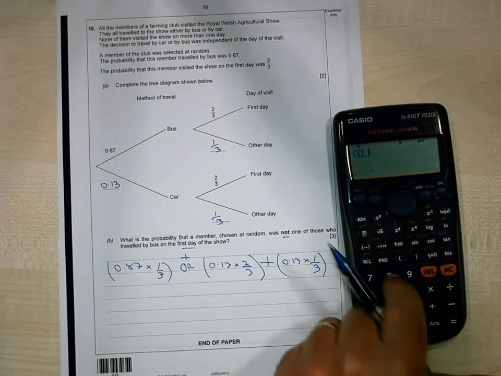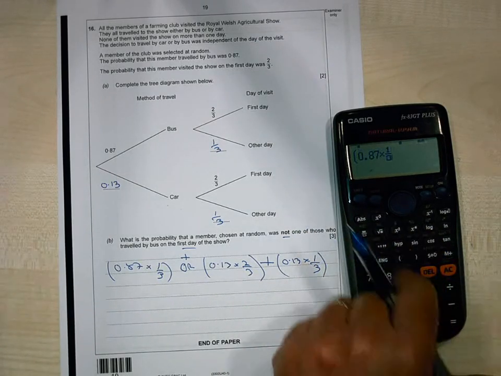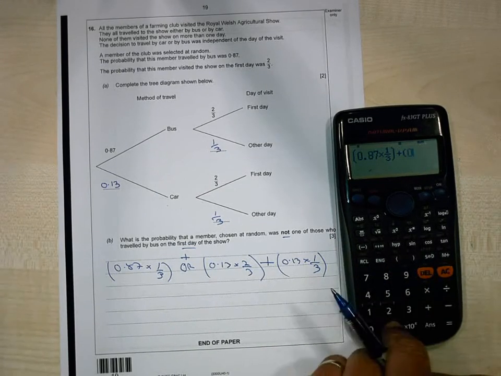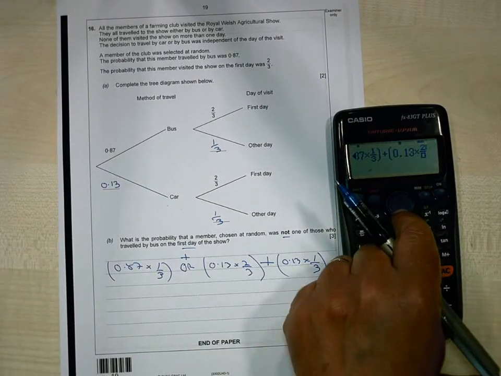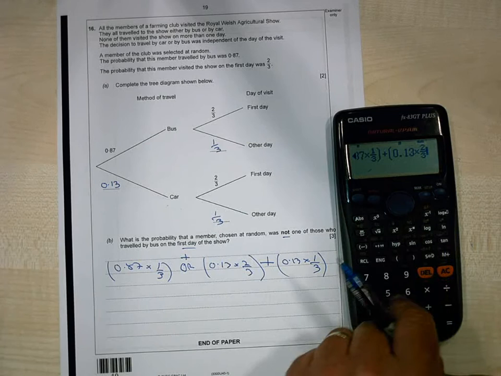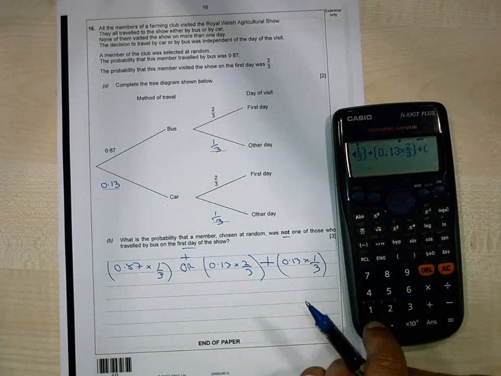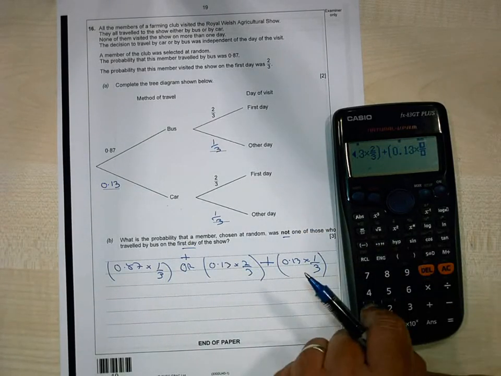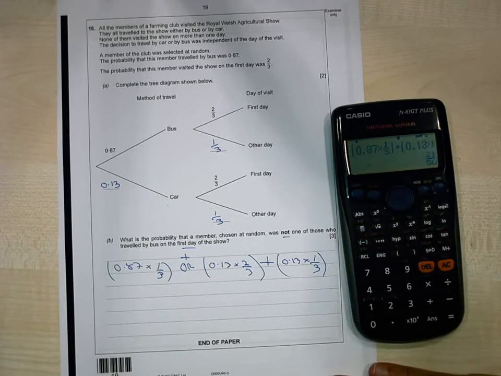So we're going to do 0.87 times fraction 1/3, or add 0.13 times fraction 2/3, close bracket, or open bracket 0.13 times 1/3, which is 0.42.